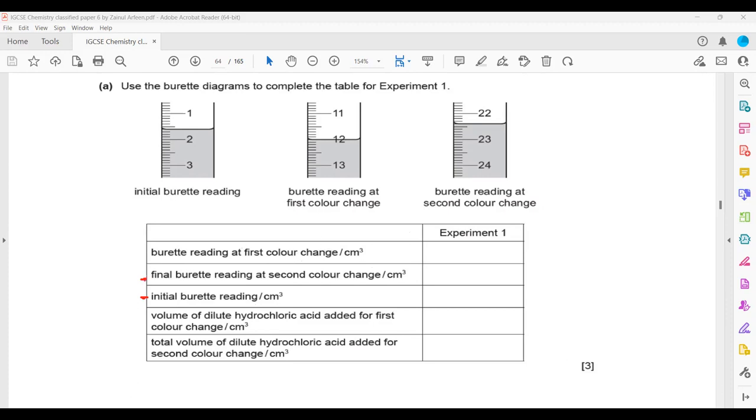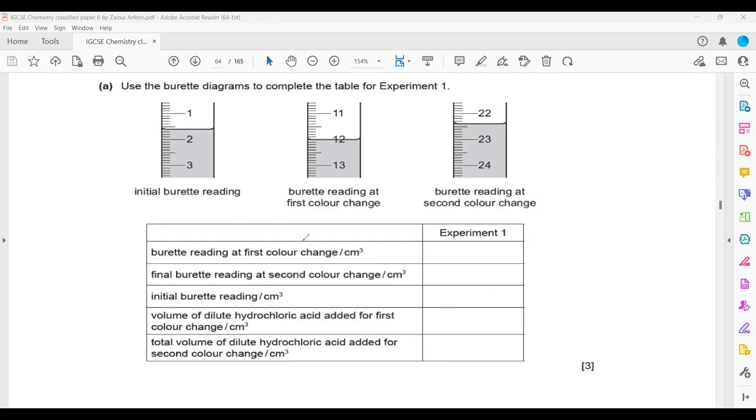How do we identify that? This is the initial burette reading. I will fill this for you, so you will have an idea.